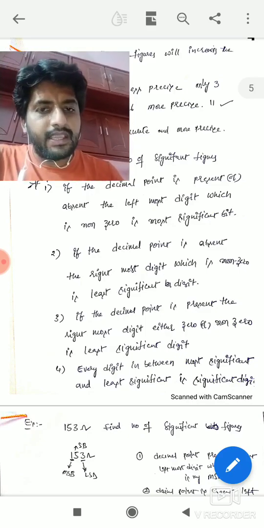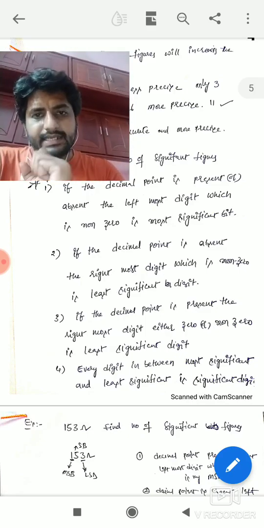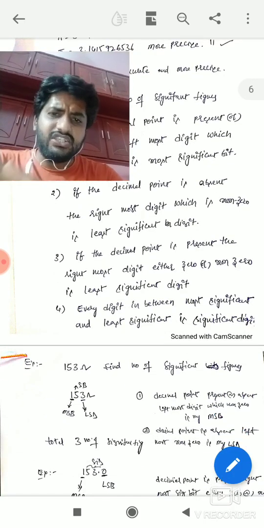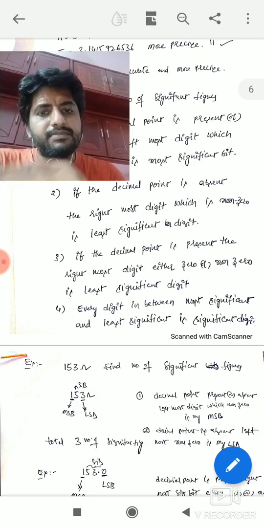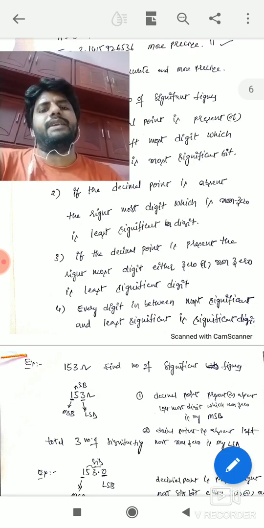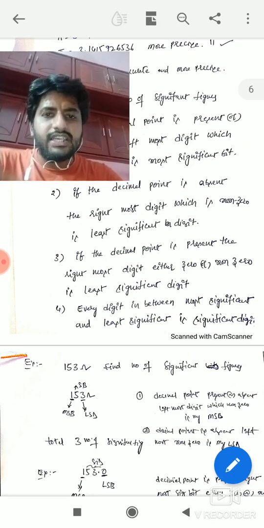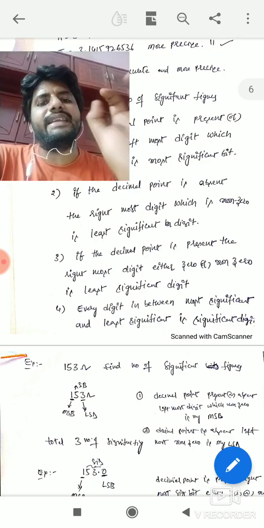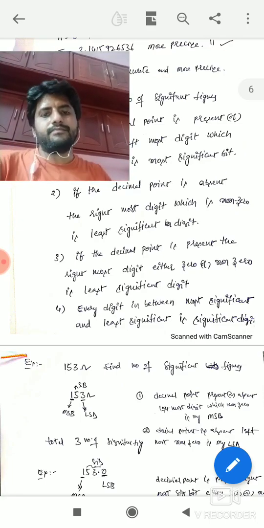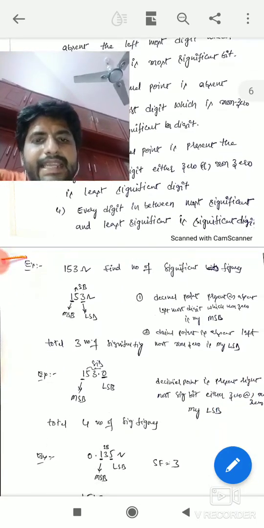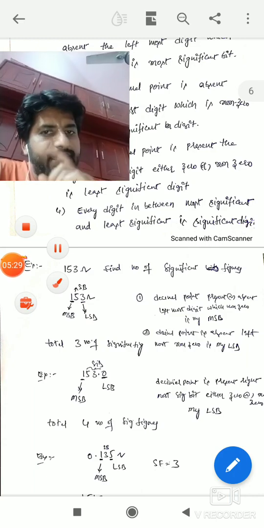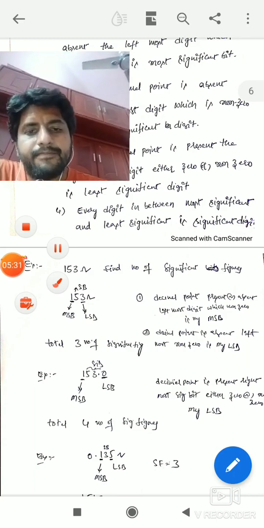Third: if the decimal point is present, the rightmost digit, which is 0 or non-zero, is my least significant bit. The bits between the most significant bit and the least significant bit, we call significant digits, right? I'll clearly explain with an example.